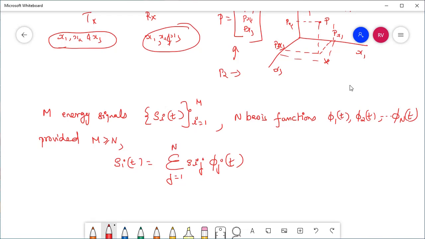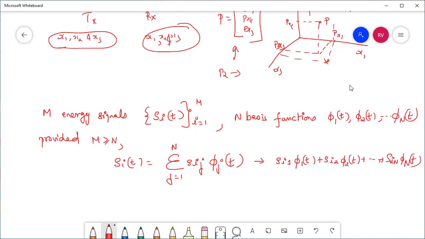That is, this is nothing but: Si is my signal, Si1 phi 1 of t plus Si2 phi 2 of t plus etc. up to Sin phi n of t. This is what this summation is.